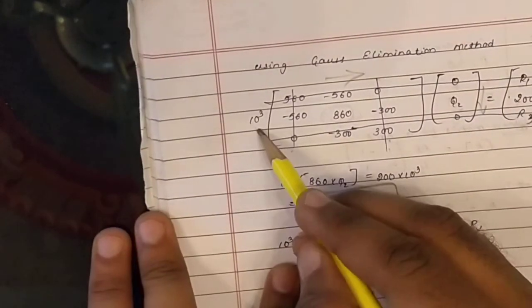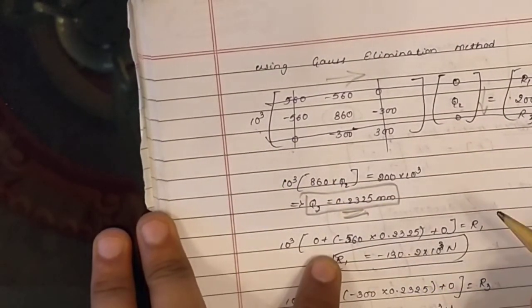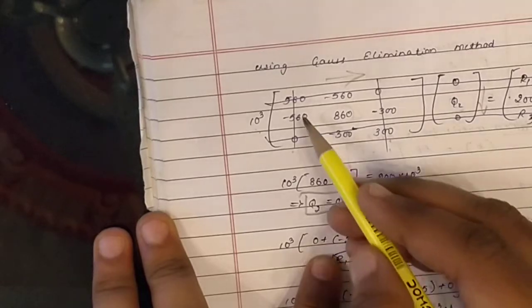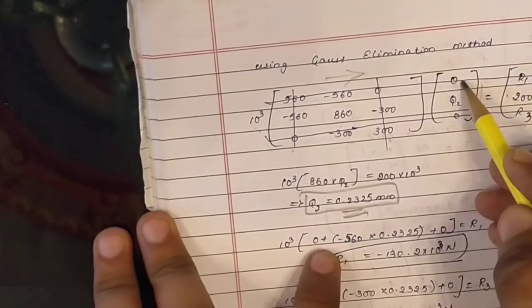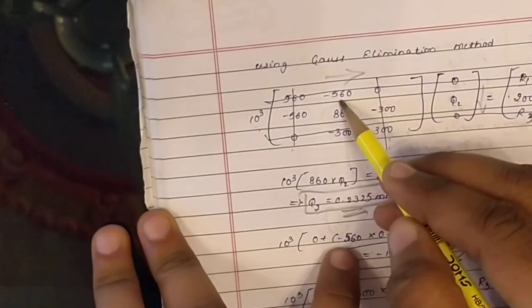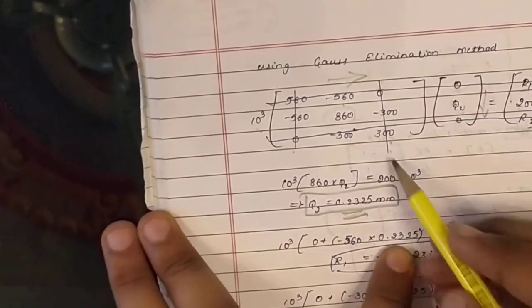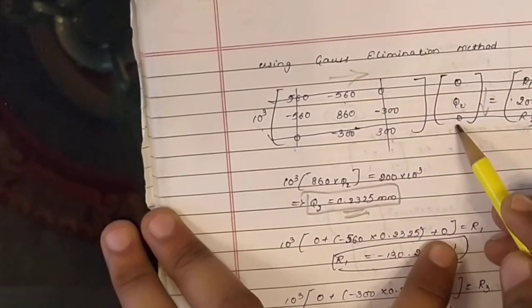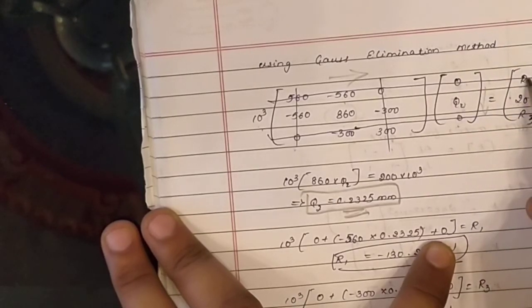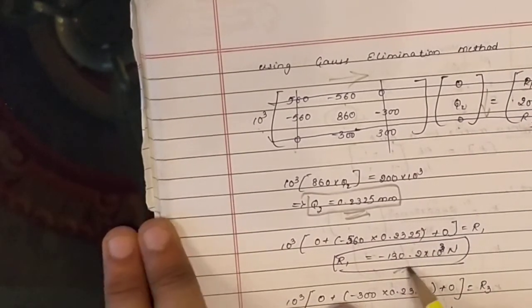So 10 power 3 into 560 into 0 plus minus 560 into the Q2 value, which we know. Similarly, 0 into 0, is equal to R1. Okay, you will get R1.